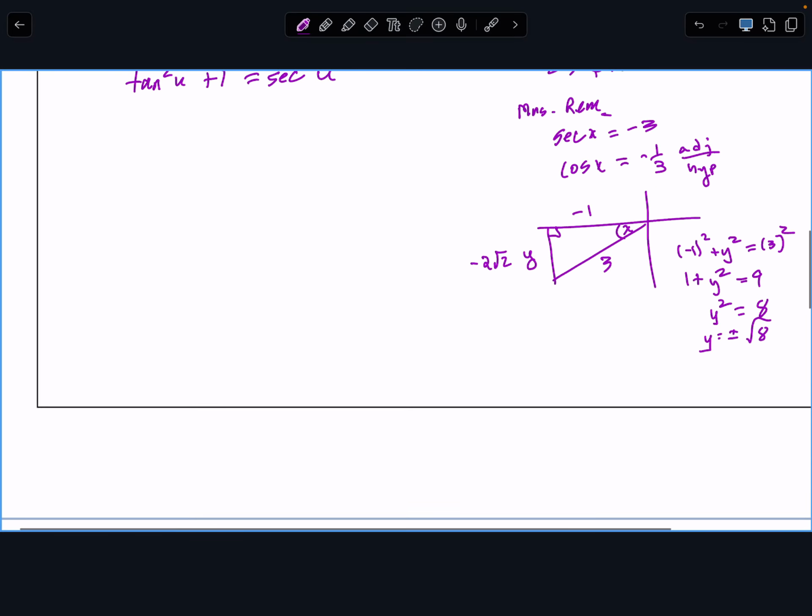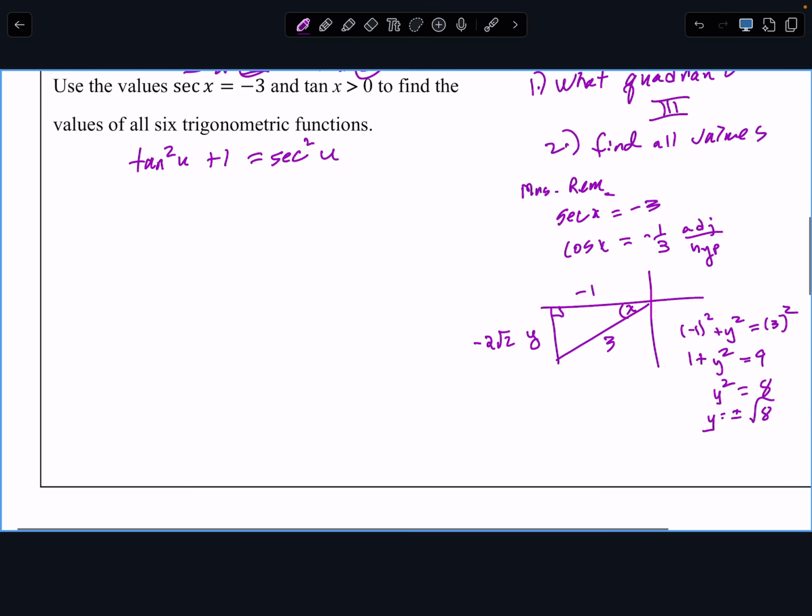And from that, I can do all 6 trig functions. Cosine we already have, and secant is the reciprocal. So we've got secant, we've got cosine. Sine is the y-coordinate. Well, you've got to do opposite over hypotenuse because the hypotenuse is not 1. So it's -2√2 over 3. And the reciprocal, cosecant, is -3 over 2√2.